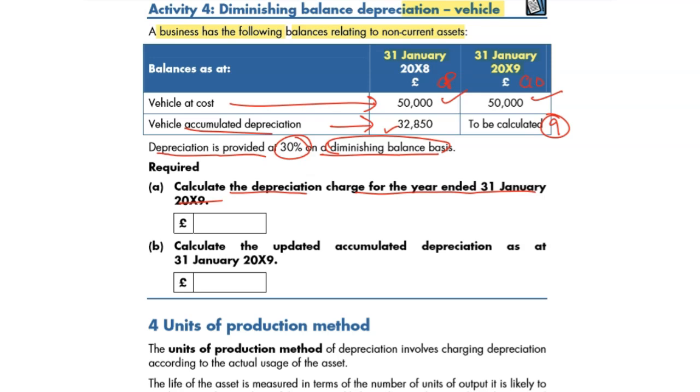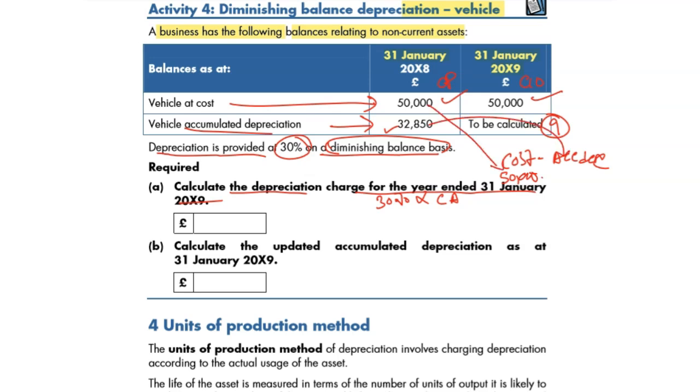What is the rule, people? You have to do a percentage, 30 percent on what figure? Carrying amount, isn't it? Carrying value. And how do you get carrying value? Cost minus accumulated depreciation. How much is our cost? 50,000 is the cost, isn't it?